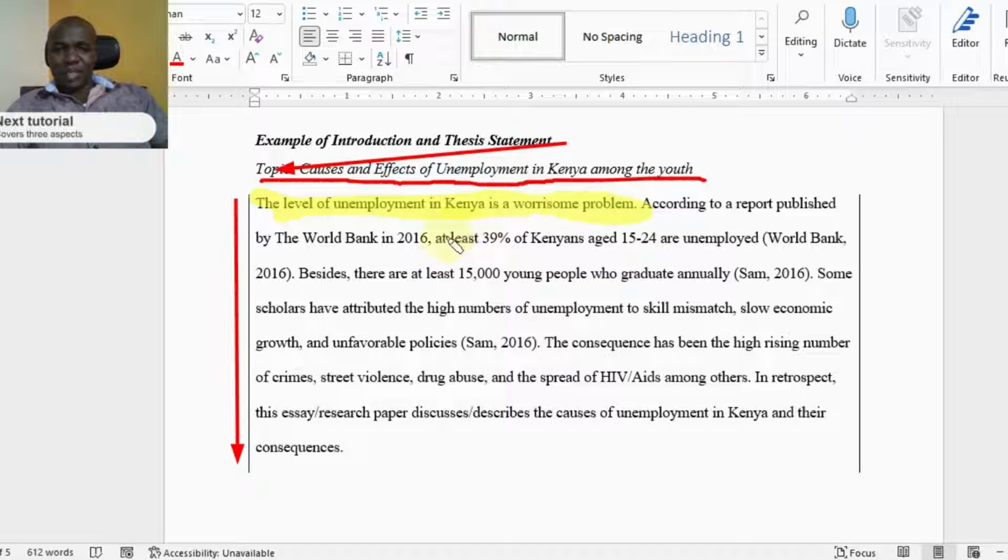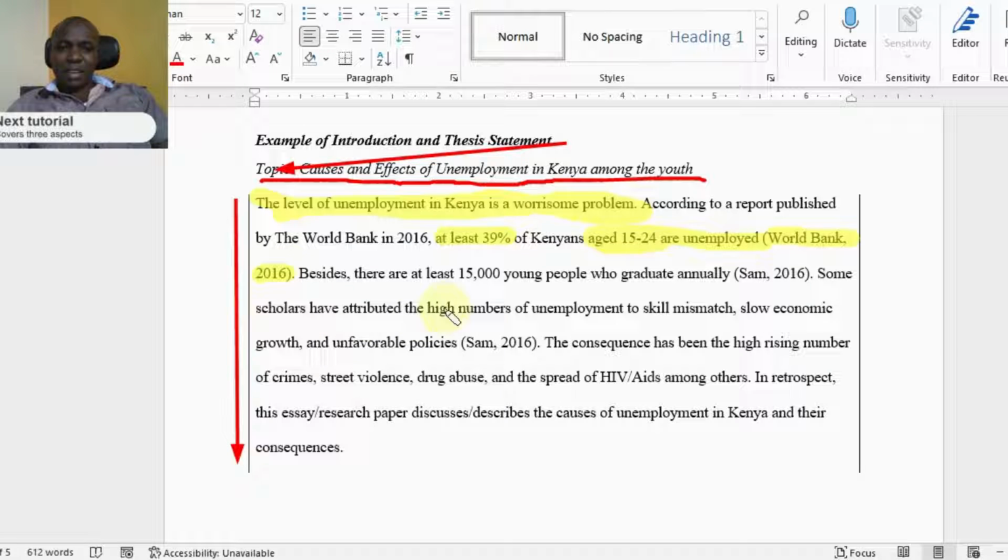At least now I'm citing statistics. 13% of Kenyans aged between 15 and 24 are unemployed. I've again stated where I've got my source from, World Bank 2016.